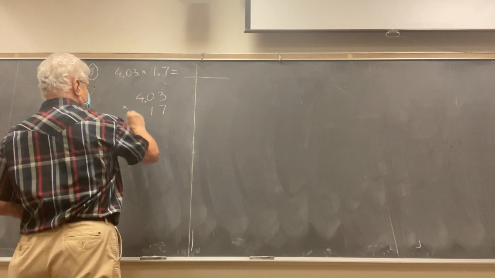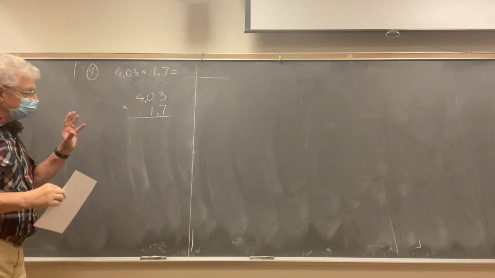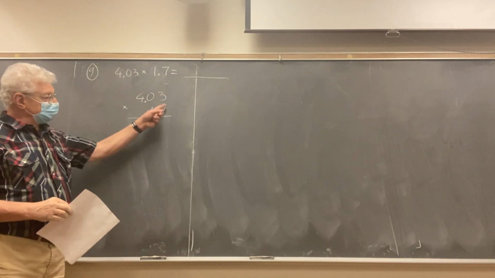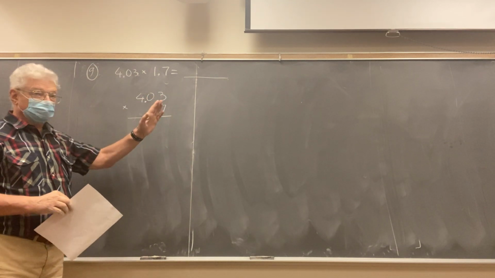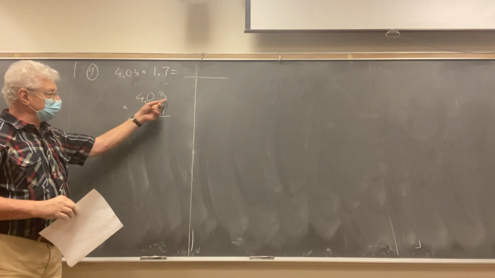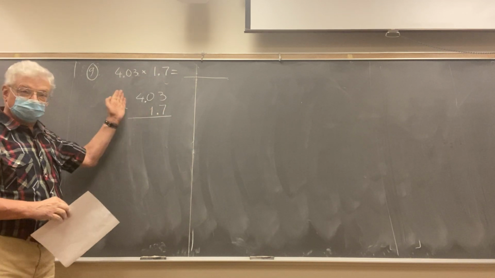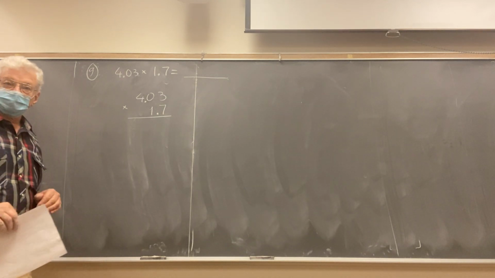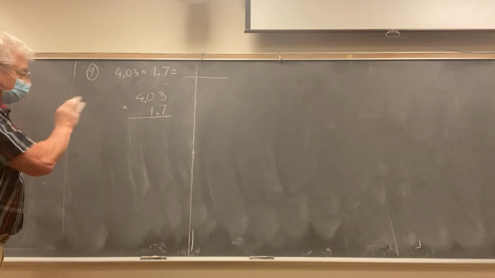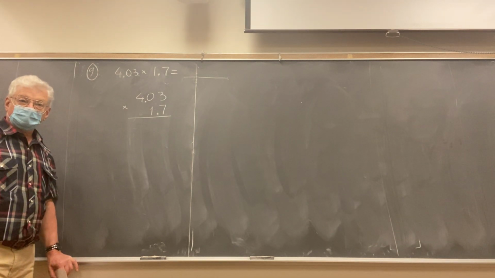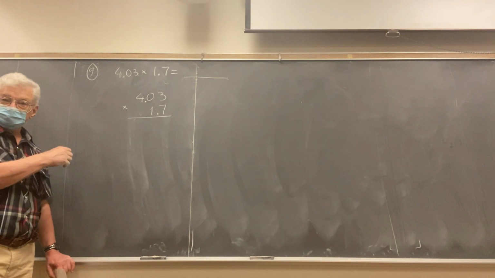But it is important to write it a little bit differently. You have to write in such a way that the less significant digits are one beneath the other. So if you write this number 403 from right to left, and this from right to left, the less significant digits must be one beneath the other, okay? Now after that, forget about decimal points and multiply like a 3-digit number and a 2-digit number.